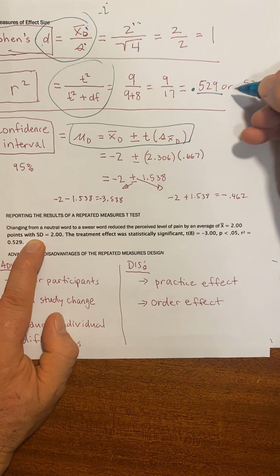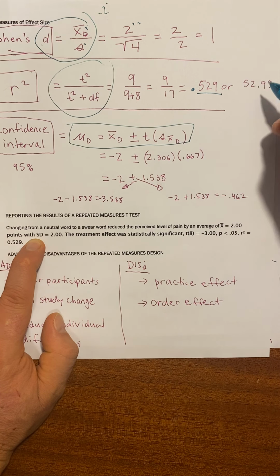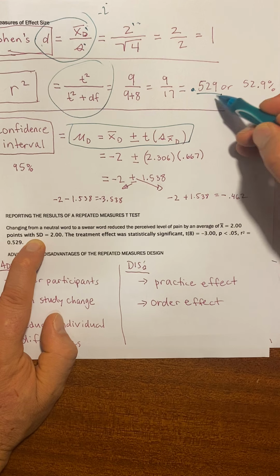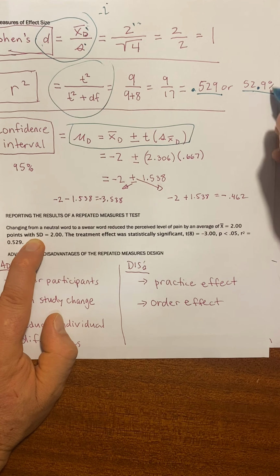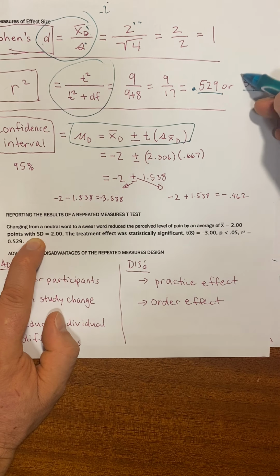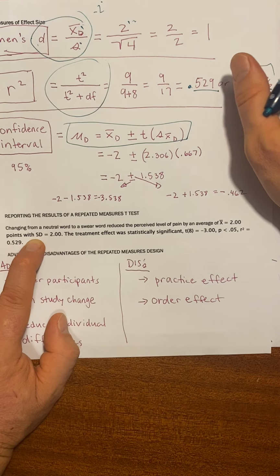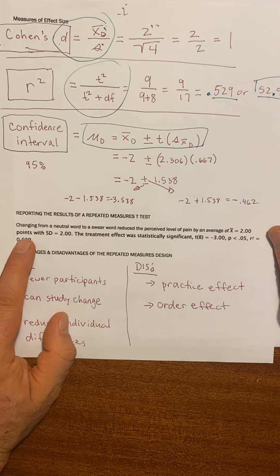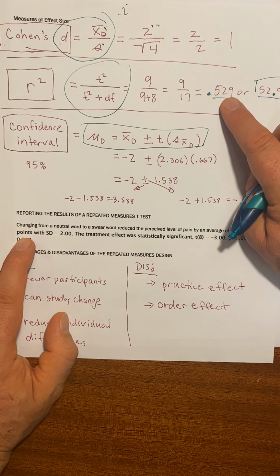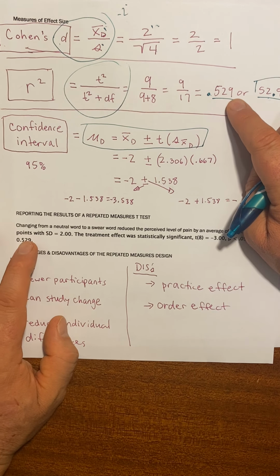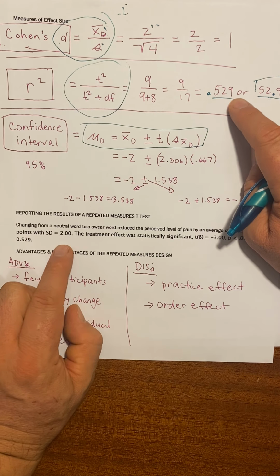And when you get that, you're always going to move that decimal value from here over 2 spots to here. So you should always have some r squared value that's about like a 50% value. I think the other one that I had right in chapter 10 was like a 60%. So just be aware of that correction.